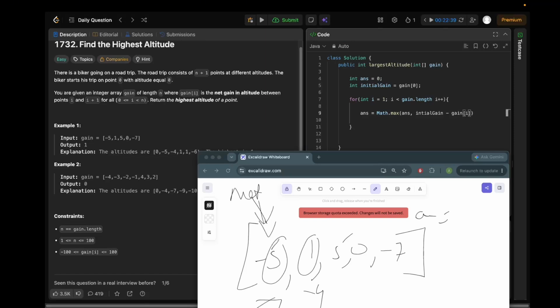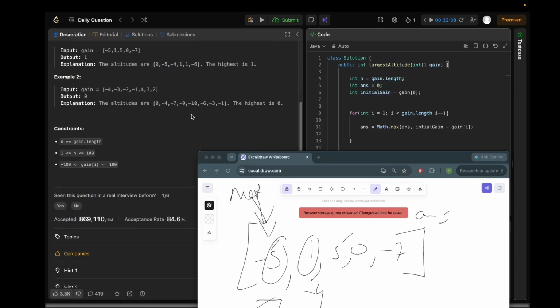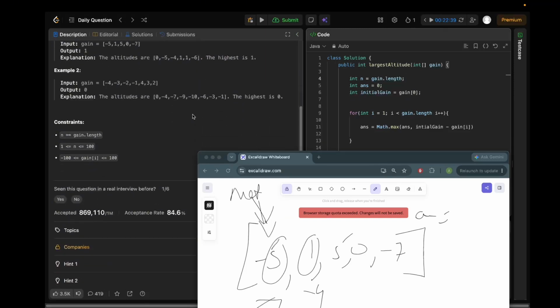So initially we are at -5. So let me also have integer n equals to gain dot length, if the size is 1.